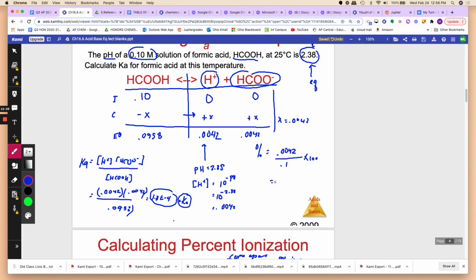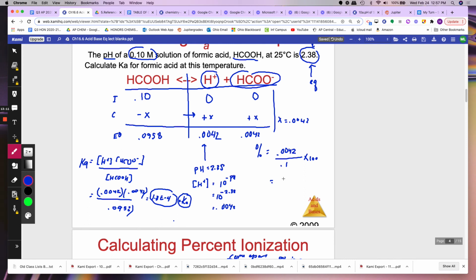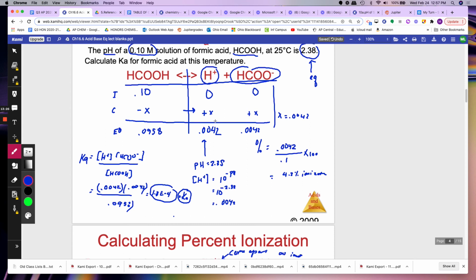That is equal to 4.2% ionization. So if I put formic acid in a beaker, 4.2% of it will break apart, and that's how much H plus I'll get.